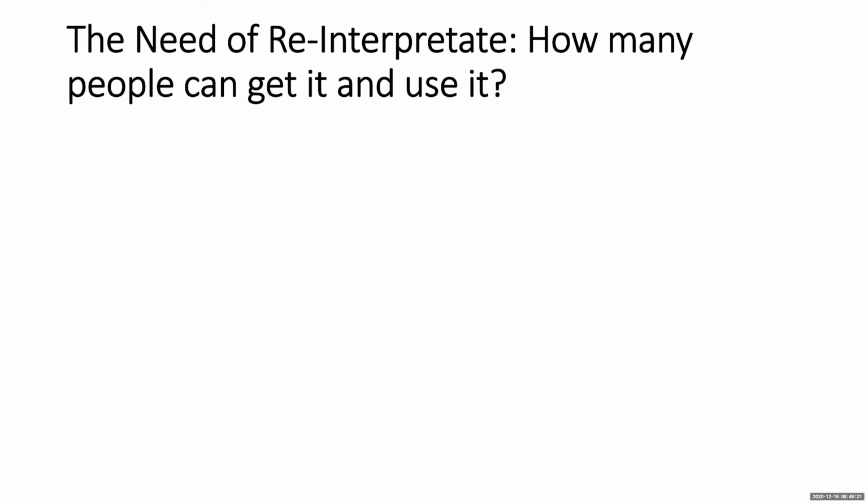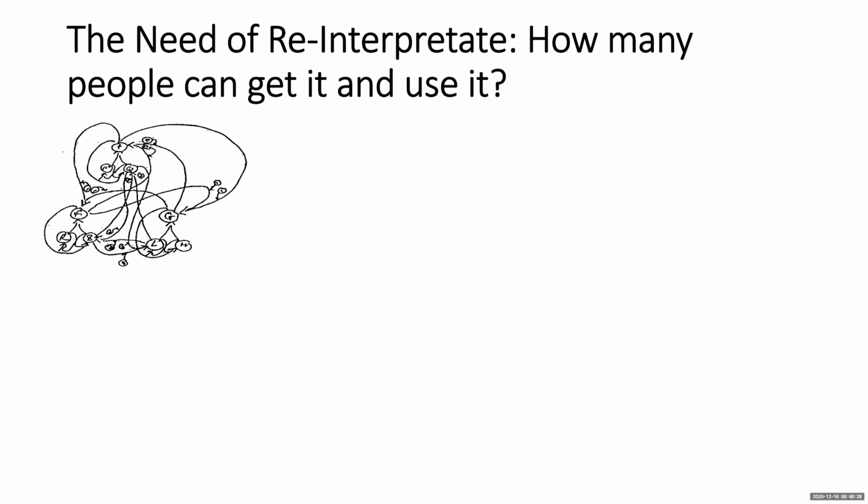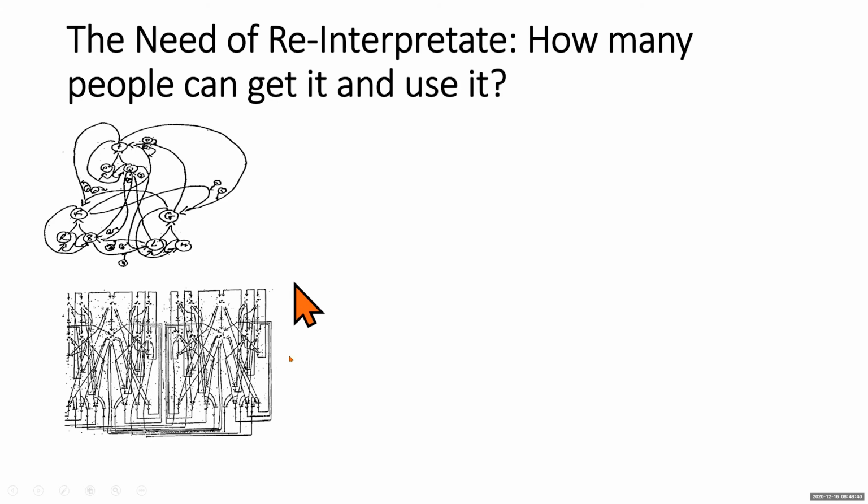So my next to last slide is the need to reinterpret. This one, I think some of you may be aware, is Gordon Pask's original drawing about a conversation. I mean, about how we understand each other. And here is another even more complex drawing.